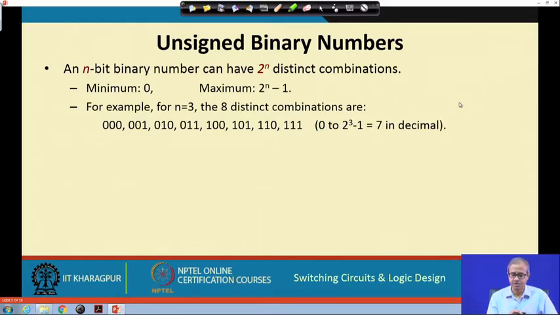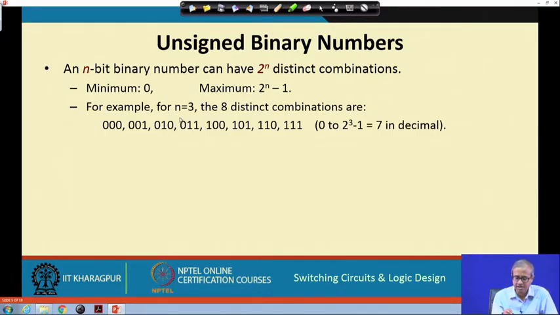Let us first talk about unsigned binary numbers. We just saw that in n bits you can have 2 to the power n distinct combinations. So, the minimum number that you can represent is 0, all zeros, and the maximum number is 2 to the power n minus 1, all 1s. For hexadecimal, 0000 means 0 and 1111 means 15.